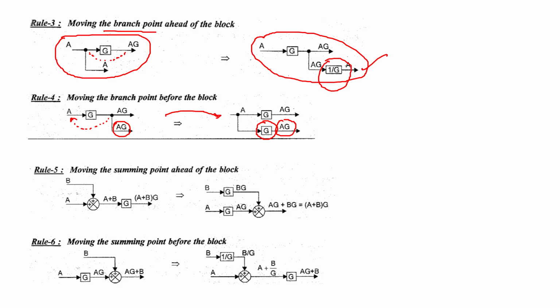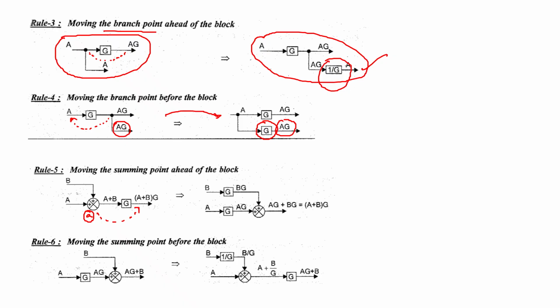Rule number 5, as the takeoff point is moved, we can also move the summing point ahead of the block and before the block. If I have a summing point with signal A and I move this summing point ahead of the block, then the equivalent is as shown in the figure.